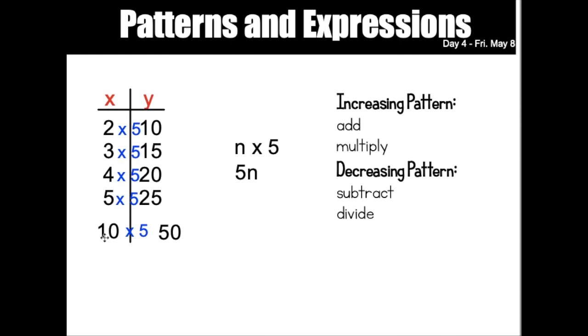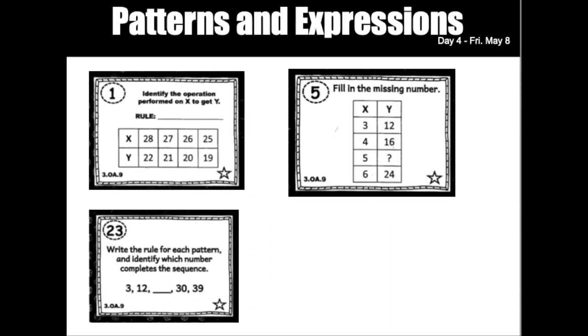Let's look at some of the examples of the work that you will be doing today. You're going to have some task cards that look like this, a variety of them, and you are going to have different questions. For example, it says identify the operation performed on x to get to y. So you have 28 to 22, 27 to 21, 26 to 20. This is a decreasing pattern, so that means my options are to subtract or divide.